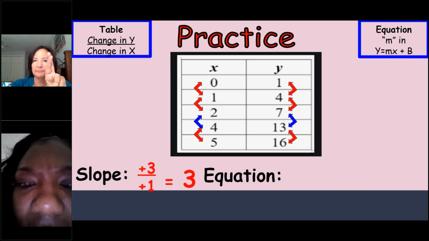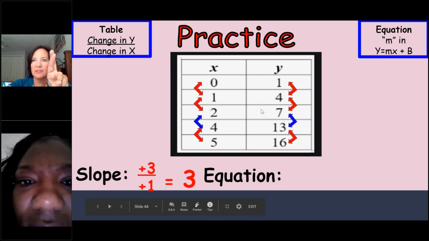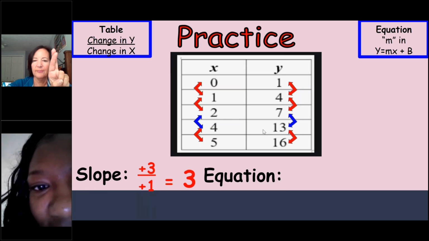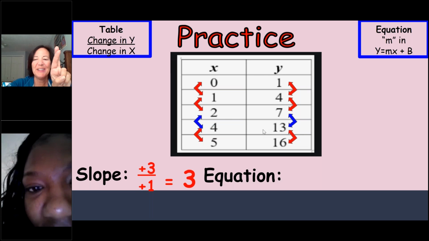Okay, 3, 0. How do we find the y-intercept from a table? X is already at 0. So what's the y-intercept?